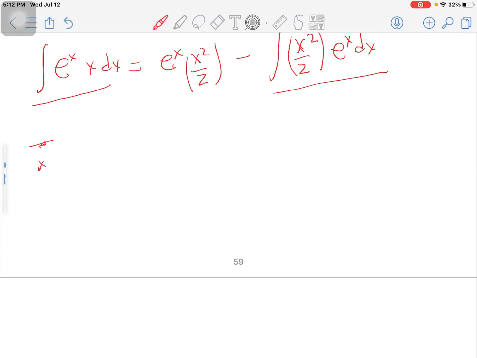So the second one that I will tell you is that the integration by parts formula is applied when the integrand is in the form f of x multiplied by g of x dx.